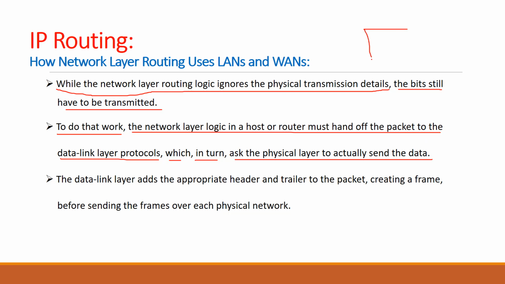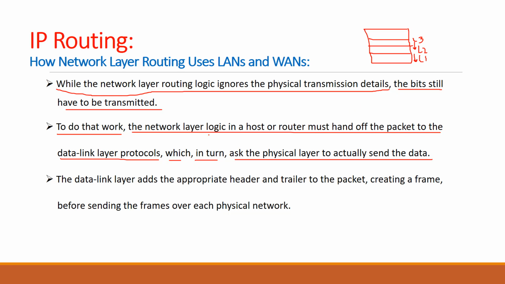This is when we describe the functions of the TCP/IP model layers. We have here layer 3. It gives the IP packet to layer 2. It gives the layer 2 frame to the physical layer to send the data.